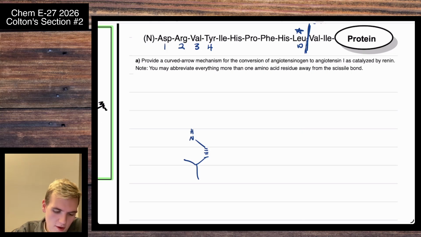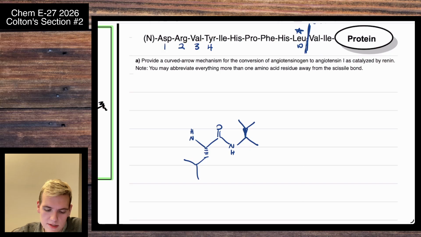Okay. So we have our alpha carbon there, then we're going to put a carbonyl, then we have our NH, then we have another residue, which the one after leucine should be valine. Remember, if we are on a peak, we put on a wedge, and then our V splits there instead of leucine's long V. And then we can stop everything that's more than one amino acid residue away from the bond that we are breaking.